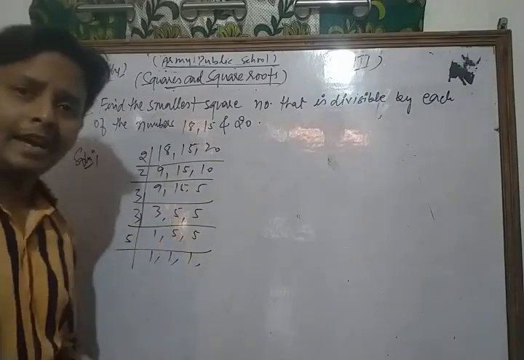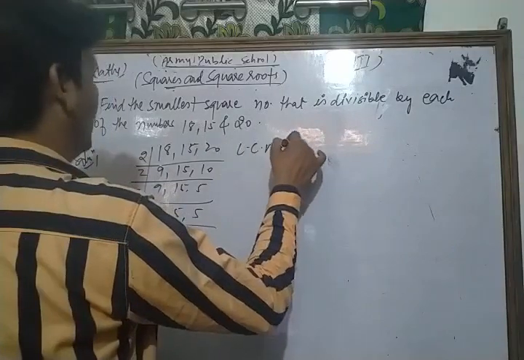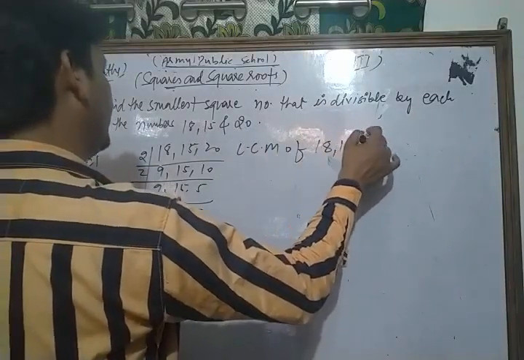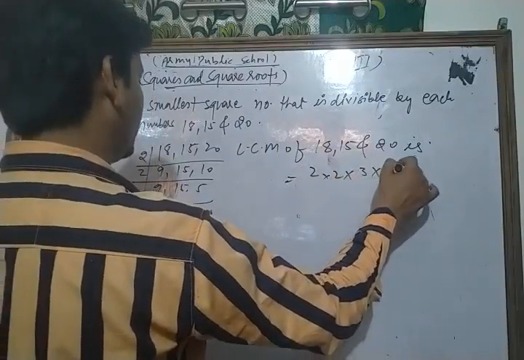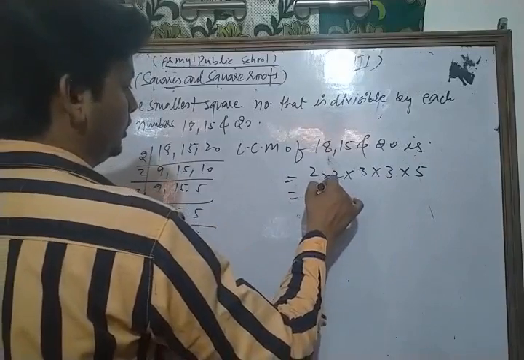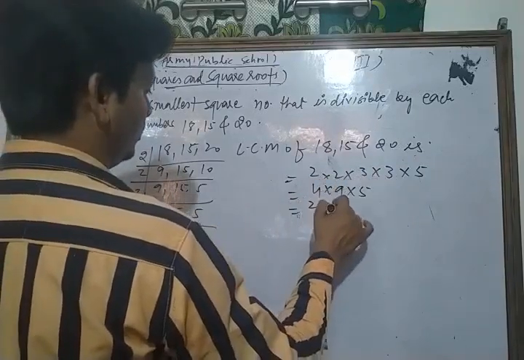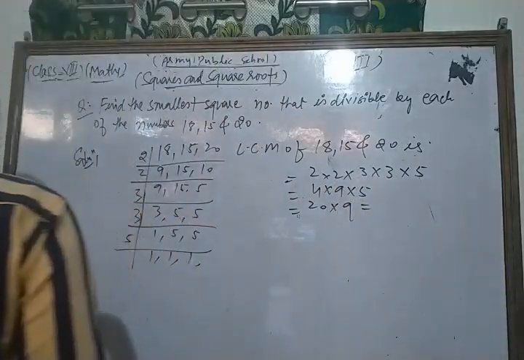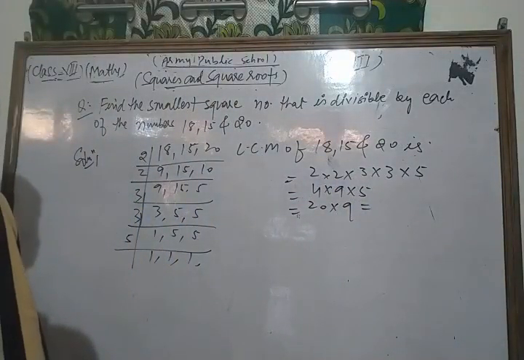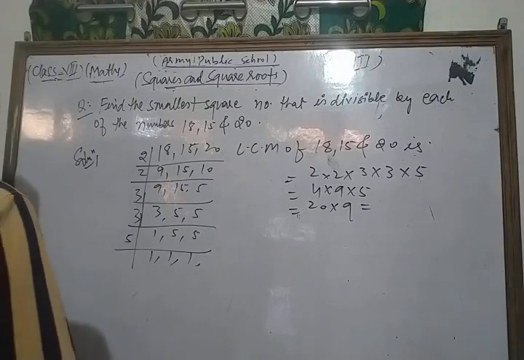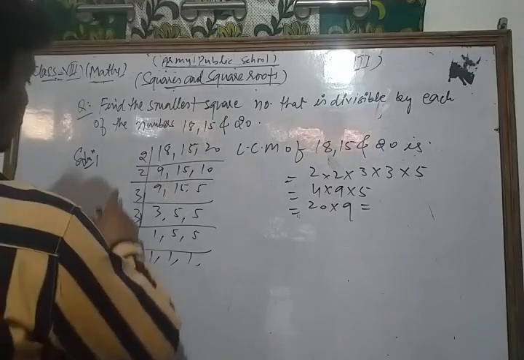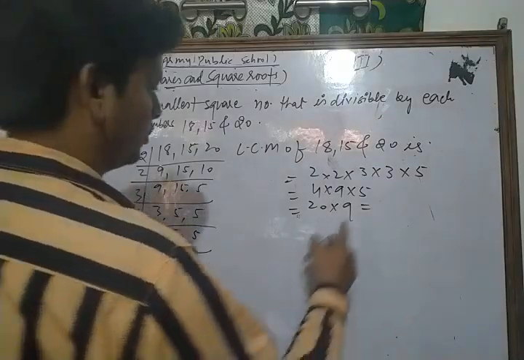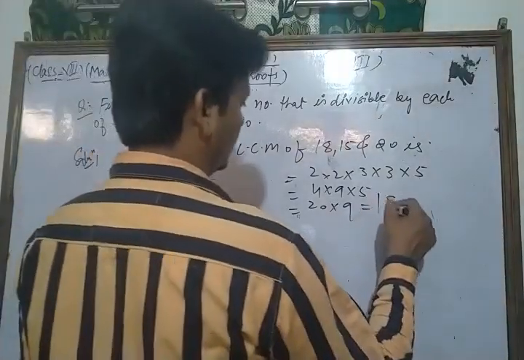So in this way the LCM of 18, 15 and 20 is 2 into 2 into 3 into 3 into 5, that is 180.